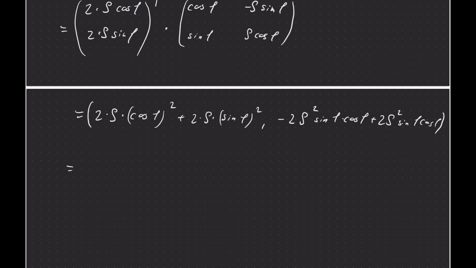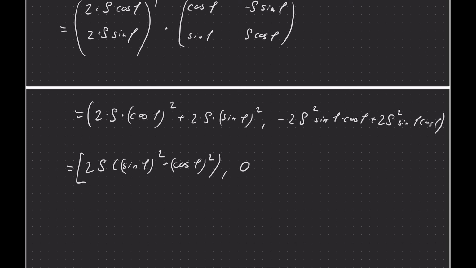So what we can see is in the first column we have 2 times rho, and then sine phi squared plus cosine phi squared. In the second column we have minus 2 rho squared sine cos plus 2 rho squared sine phi cos phi.